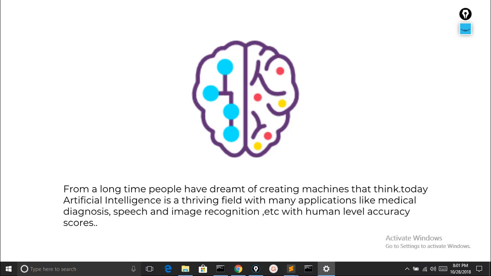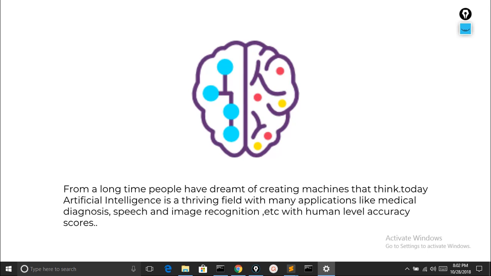From a long time, people have dreamt of creating machines that can think. Today, artificial intelligence (AI) is a thriving field with many applications like medical diagnosis, speech recognition, image recognition, etc. It's amazing to know that these advanced models have achieved human level accuracy scores.